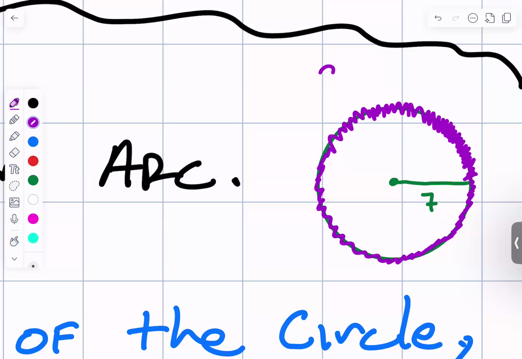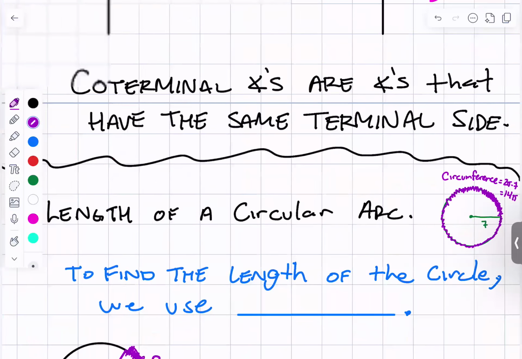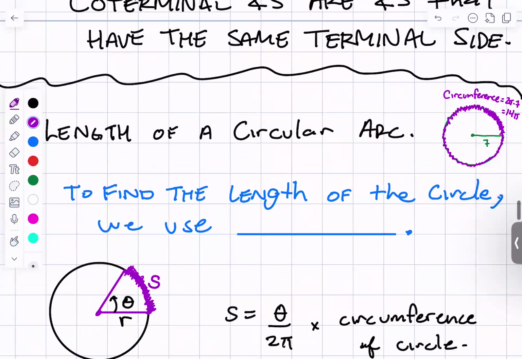So this, the circumference would be 2 pi times 7 or 14 pi, correct? But in terms of what we're doing in here, the length of the circular arc, so to find the length of the circle, we use circumference. Okay, or 2 pi r, right?